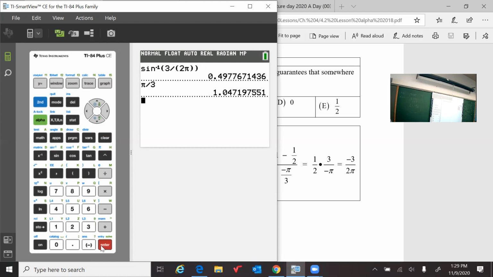Yep. Except you notice here, for the point of the test, we'll say 3 decimal places, 0.498.